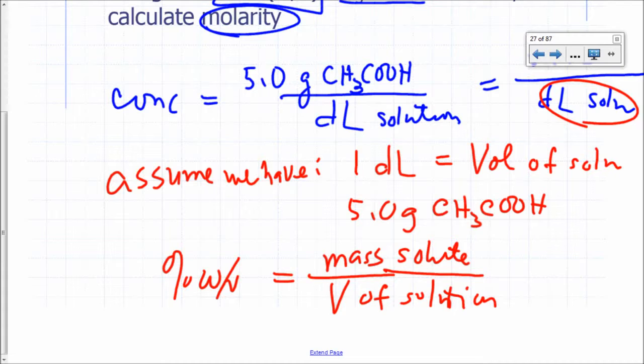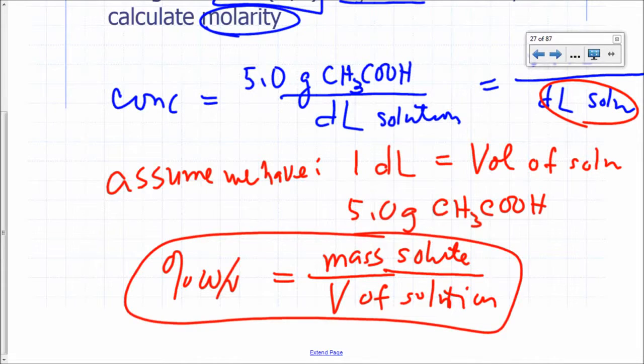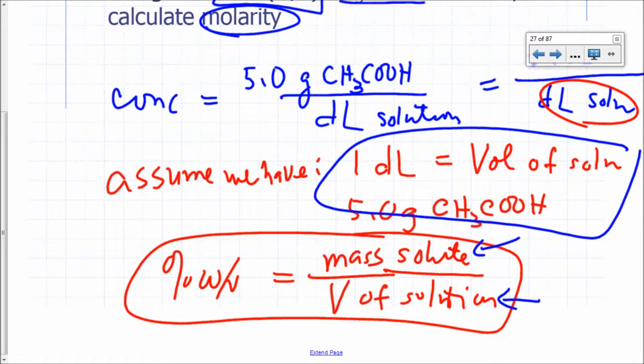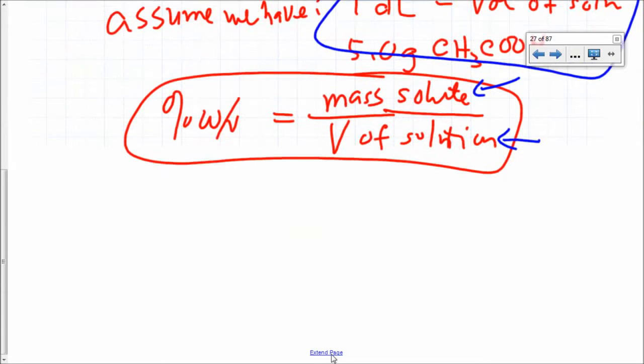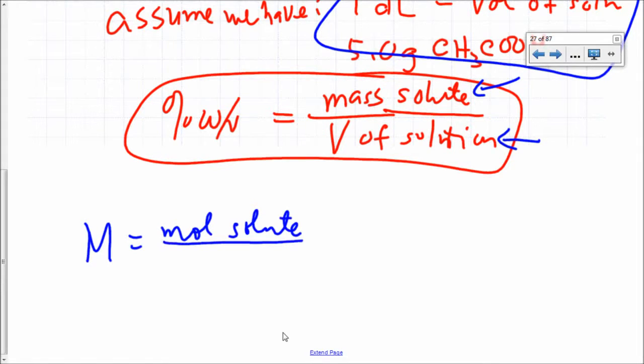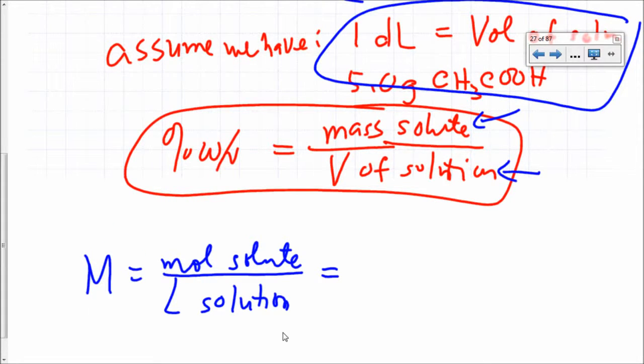We assume we have 1 deciliter of solution, and we figure out the mass would be 5 grams. Given this, I can figure out molarity. What's the definition for molarity? Molarity is moles of solute over liters of solution. What's my solute here? Acetic acid.